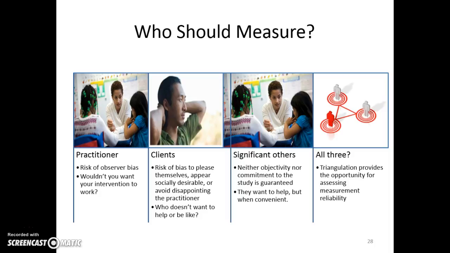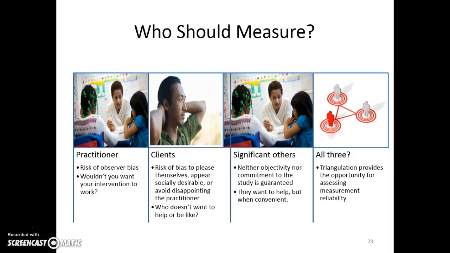You may want to see change, and you may, for example, if you're looking at family therapy and looking at the number of arguments a couple has as your indicator that you're measuring, maybe you might brush off what looks to be just like a disagreement and not count it as an argument because you want to see that there's progress. You don't want to think of it as an argument because that indicates something that, again, you don't want to see in your intervention. So you might have some bias.